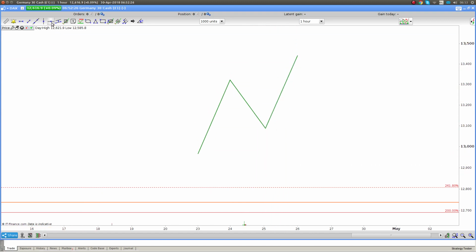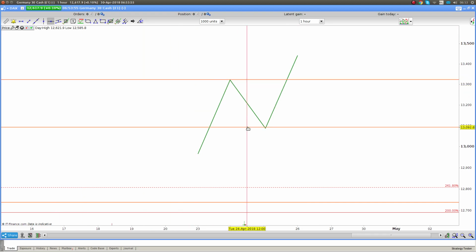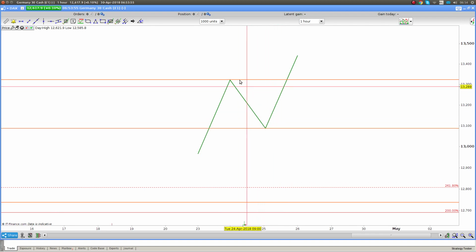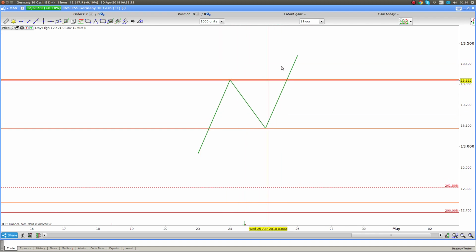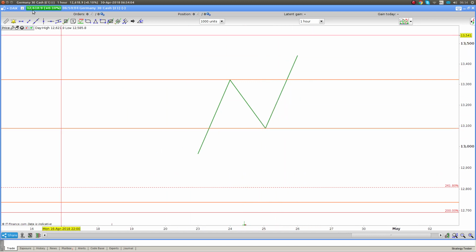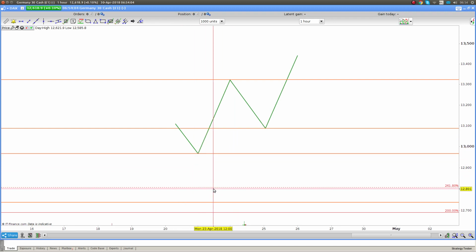Okay, and the critical parts of this are the swing highs and the swing lows, because if you break that level, then obviously we're making a new high, which means we're going higher. If we break below this level, then obviously we're going lower.